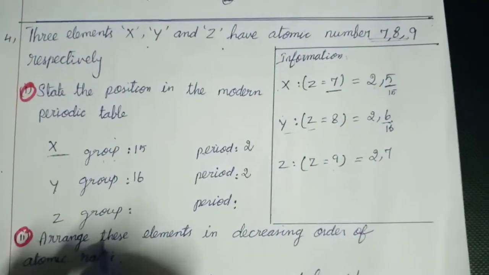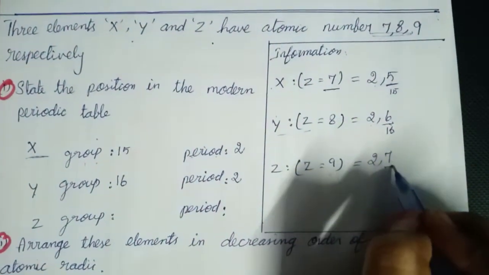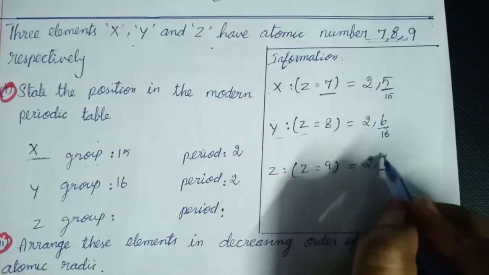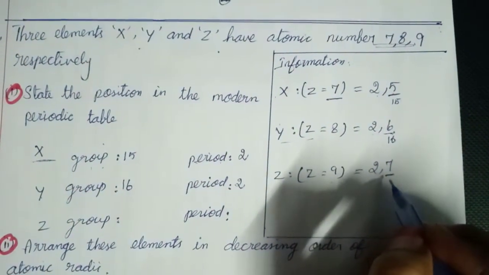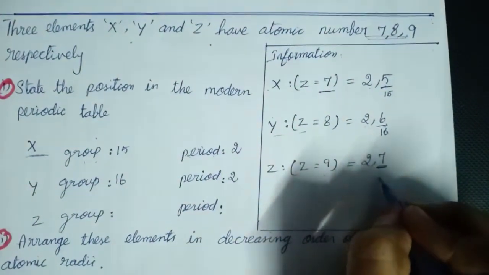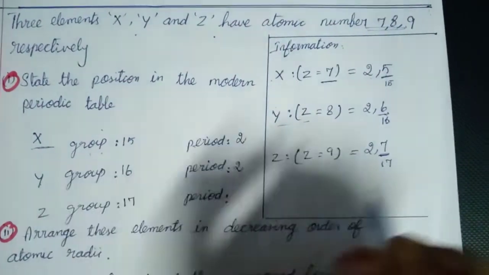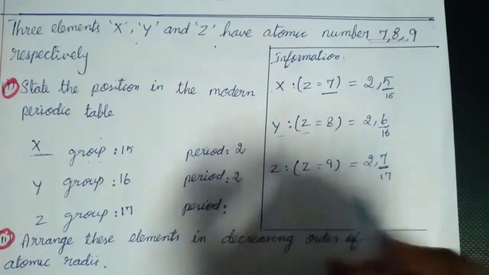And Z, 2, 7. 7 electrons are there in its outermost shell. Okay, so 7 means it belongs to group 17. And period, number of shells 1, 2.